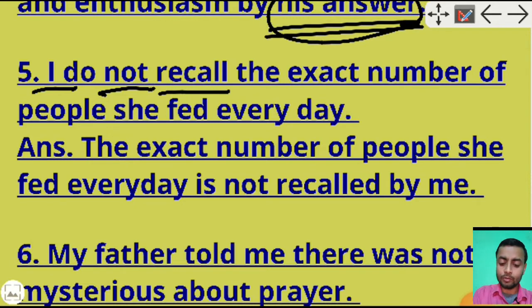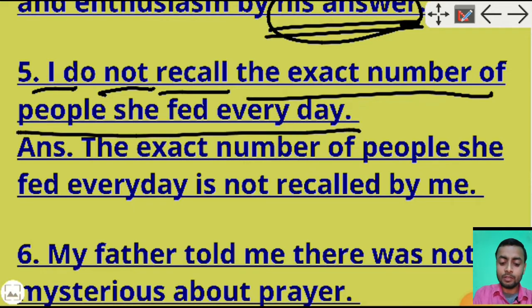Recall, the verb, is in the present tense. What I do not recall: the exact number of people she fed every day. So the whole part is the object. Let's see the answer. The exact number of people she fed every day, up to this is the object.